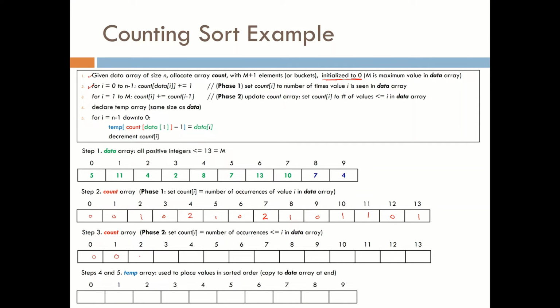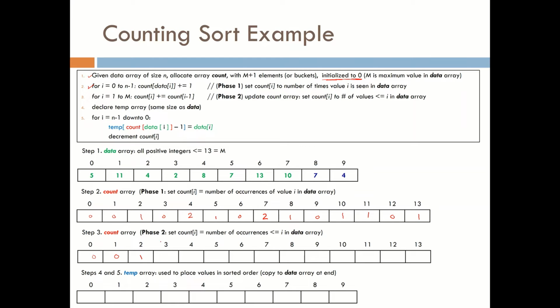And then I go to the 2, and you notice that count of 2 is 1, and I'm going to add this count that I just updated. And so what this means is I've seen one value less than or equal to 2. Where is that value? It's this one right here at index 3.